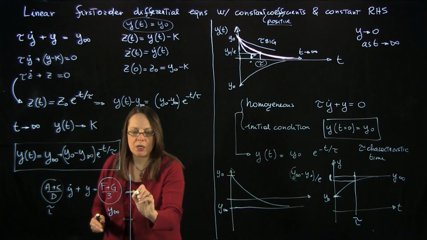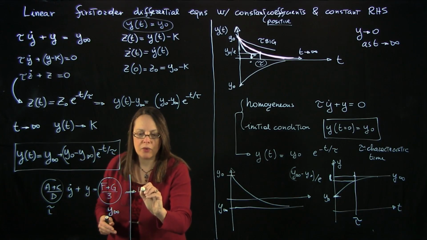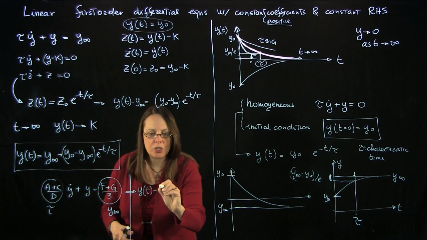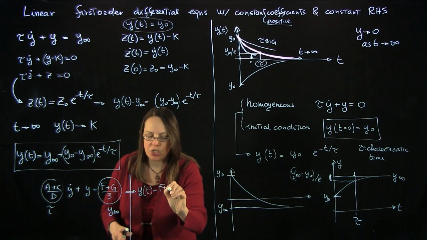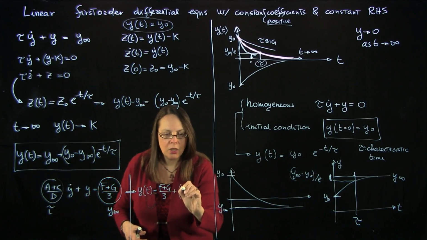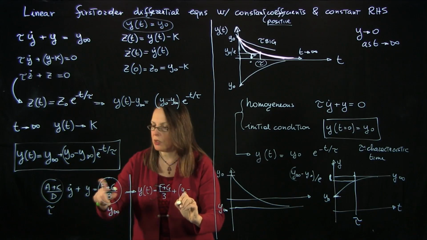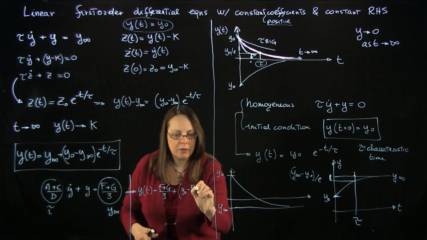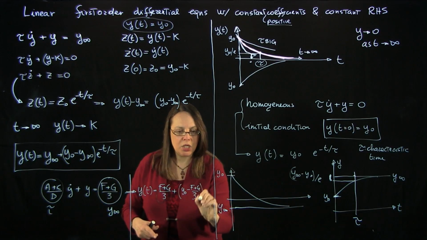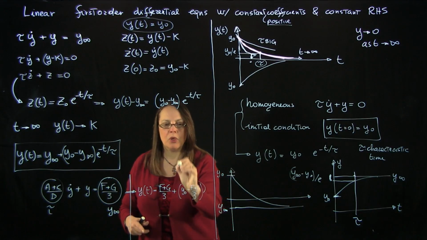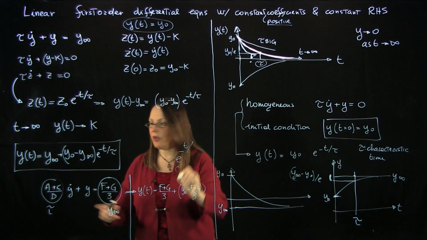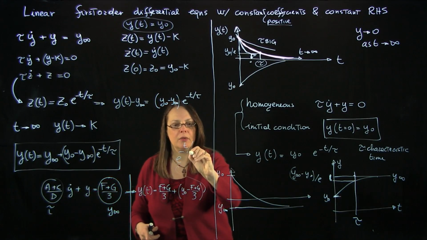But if I have y0, then y of t is going to be equal to y infinity, so f plus g over 3, plus y0 minus f plus g over 3, and this whole thing multiplies e to the minus t over a plus c over d.